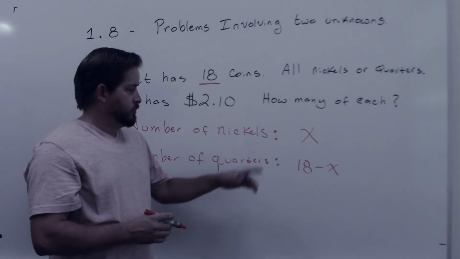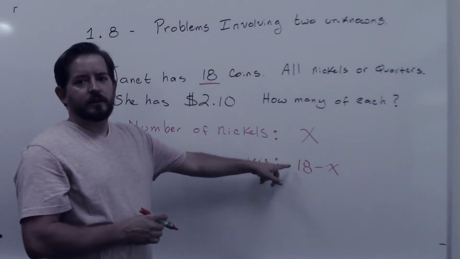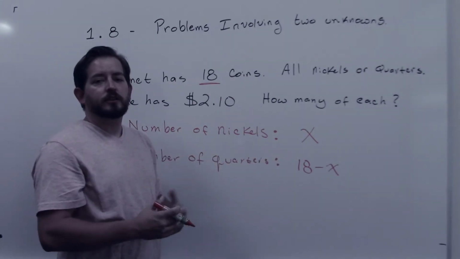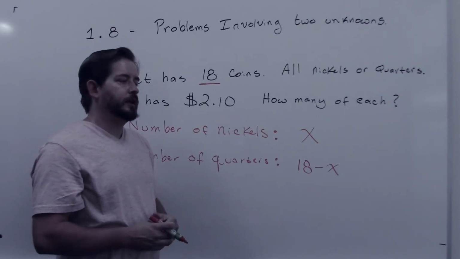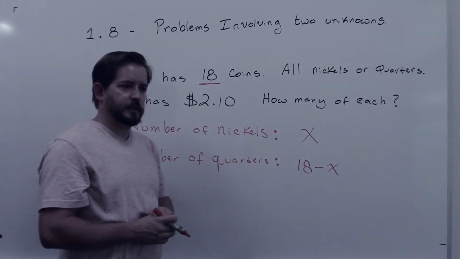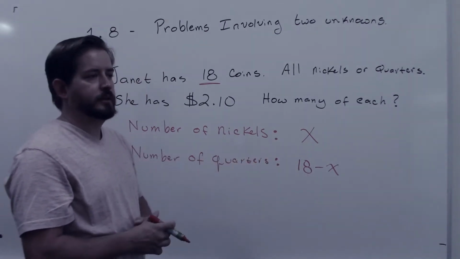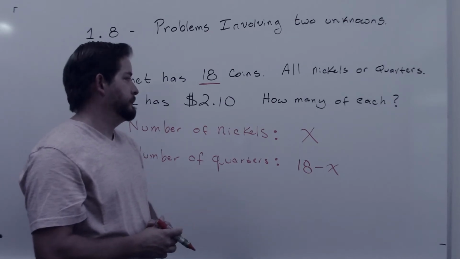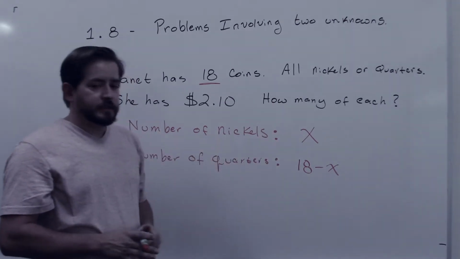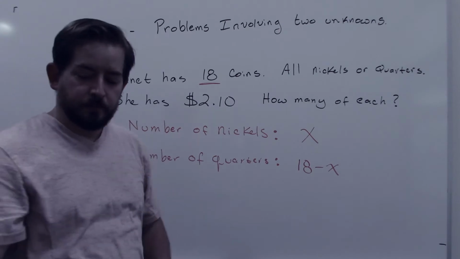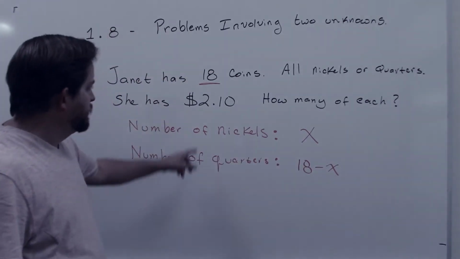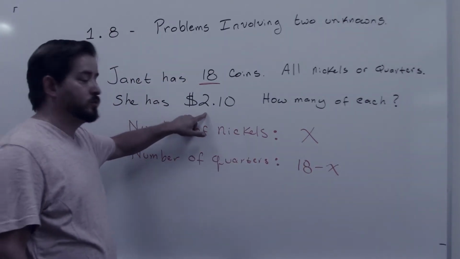We're going to revisit questions like this where we can just call this Y, and then you need two equations. We can create those, but this sidesteps that for now and sticks with one equation with one variable. Now that I know these, I can create an equation, and it has to do with the money, how much these things are worth.